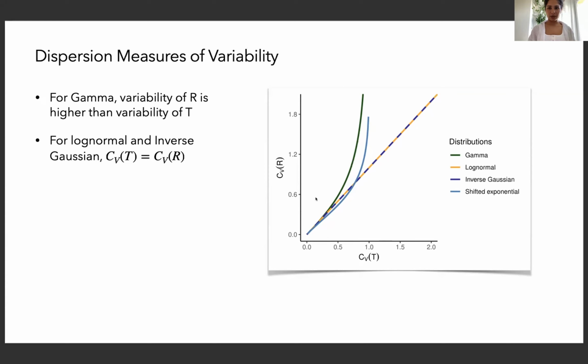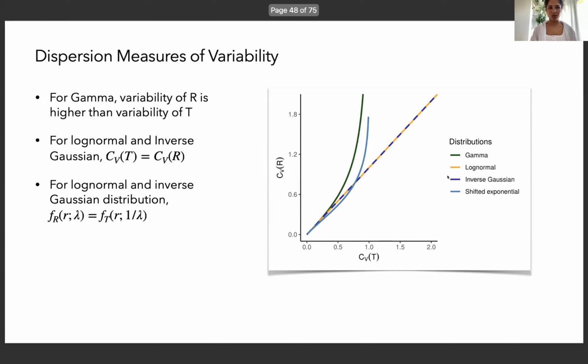They both have similar dispersion measures of variability. And why does that happen? That's because for these two distributions, the log normal and inverse Gaussian, the probability distribution functions of the instantaneous rate and the ISI hold this symmetrical property, so they have the same profile. If lambda is equal to 1, if we have the intensity equal to 1, the profiles of the instantaneous rate and interspike interval are going to have the same shape.